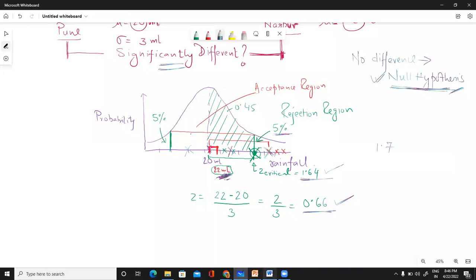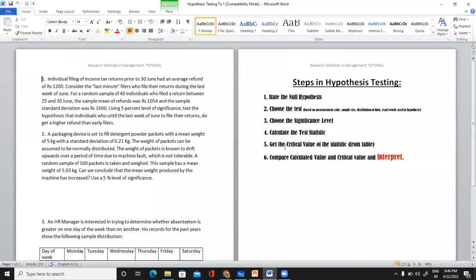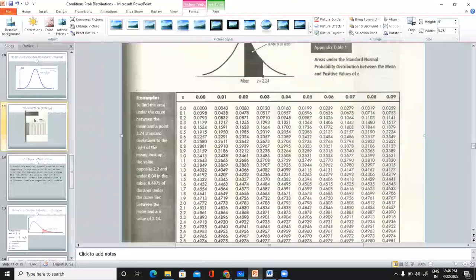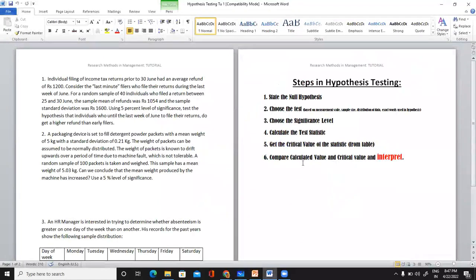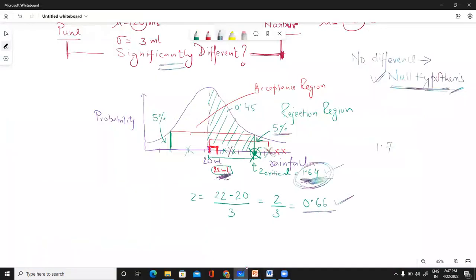Then the next step is to get the critical value of the statistic from the table. From this table we got the critical value, which is 1.64 in our case. Now, what is the next step? Compare the calculated value and the critical value and interpret. So we compared this 1.64 and 0.66, which is the Z value for 22 mm.